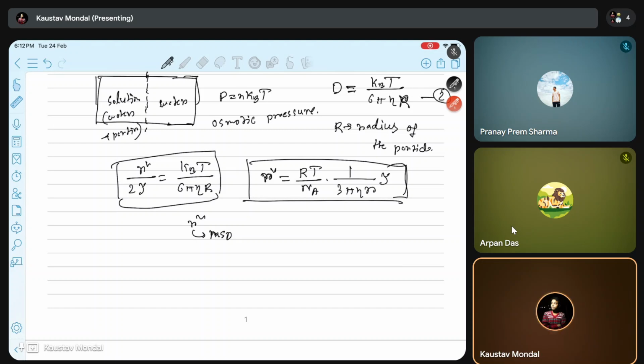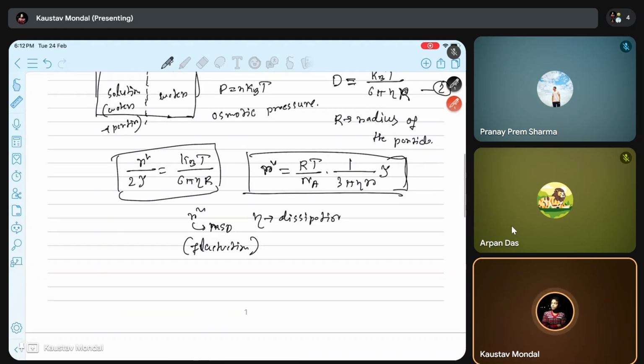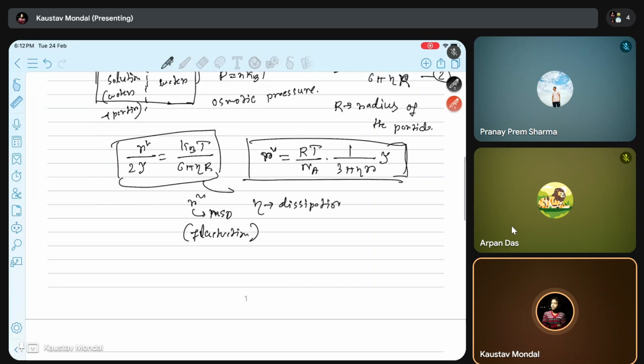So eta acts as the dissipation, the friction. The MSD gives the fluctuation and eta the dissipation, and both are related using this relation. Because of that, we call this equation the fluctuation dissipation relation.